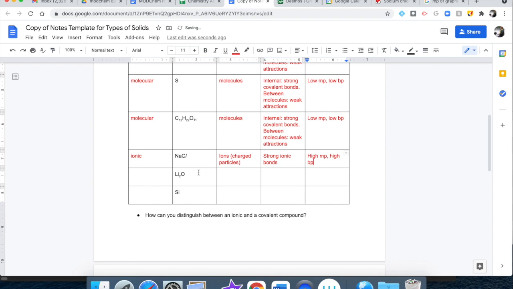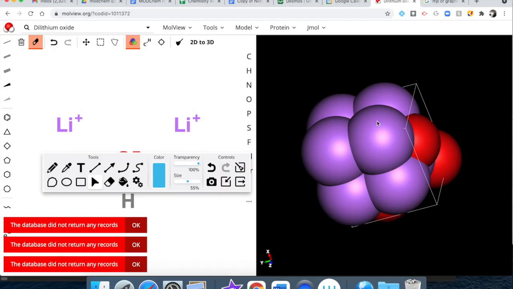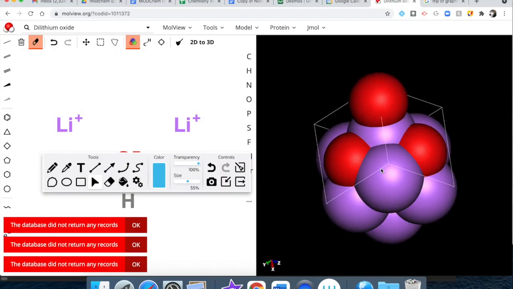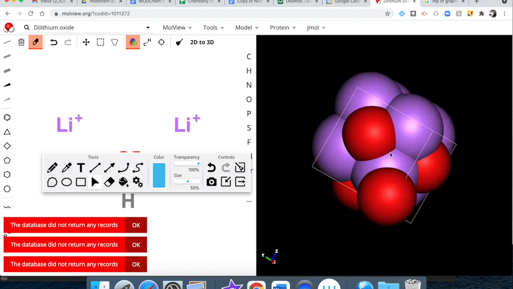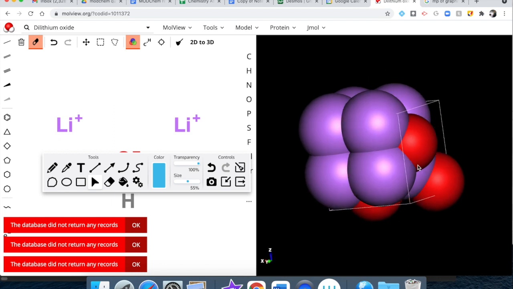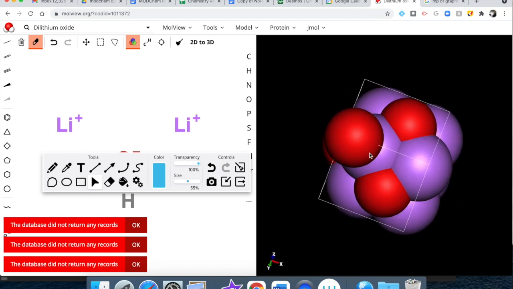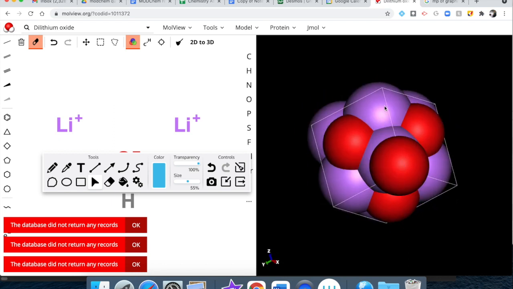Let's look at another example, Li2O. Looking at lithium oxide, we can see another example of an ionic solid. Now this one is a little bit trickier to get your brain wrapped around because it's not one-to-one. The formula of this is 2 lithiums for every 1 oxygen.